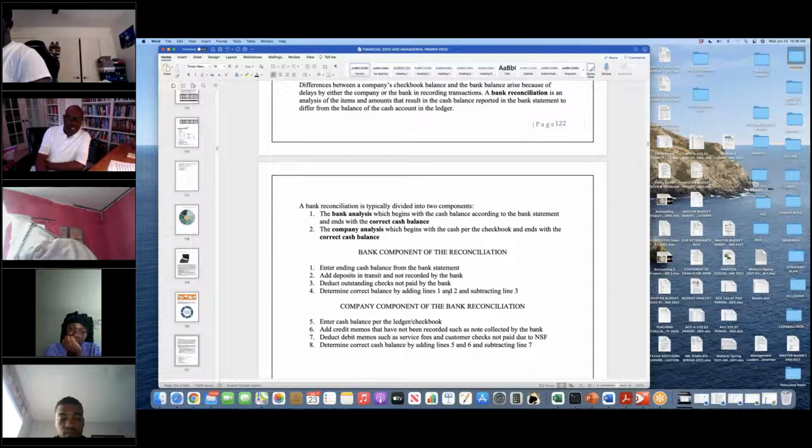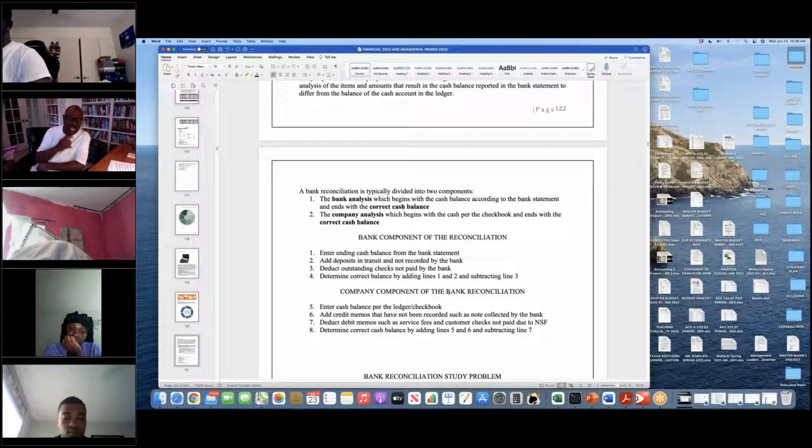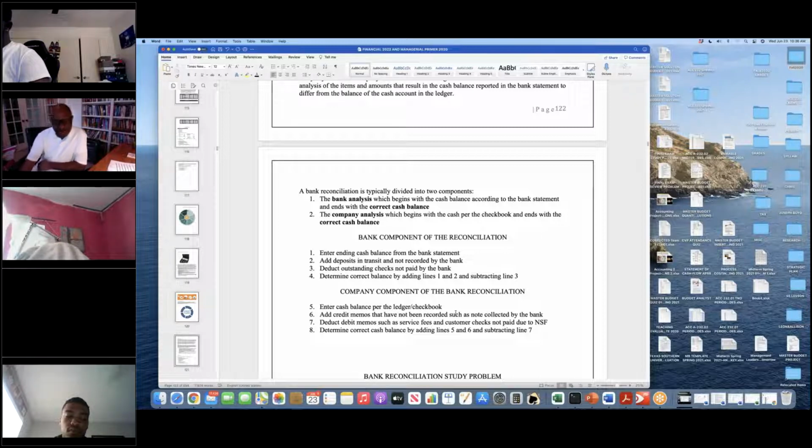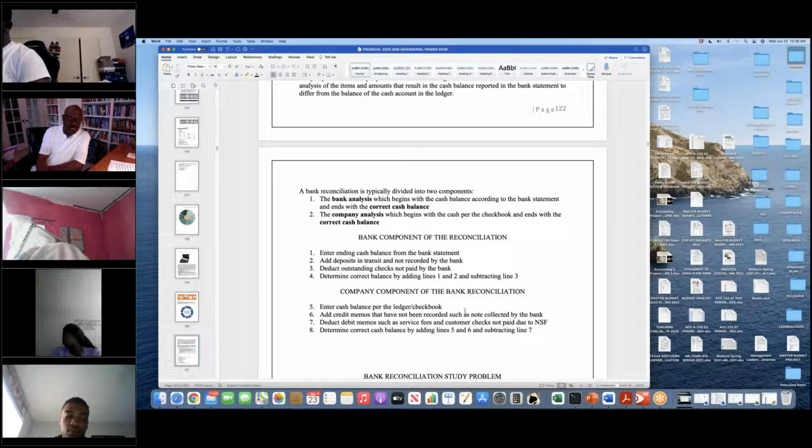Then when you're doing your company analysis, you're going to enter the cash amount from the ledger. You add credits that have not been recorded by you, but have been recorded by the bank, such as the bank paying you interest, so you didn't have that, so you make the journal entry for it. And you deduct debit memos for service fees and customer checks not paid.